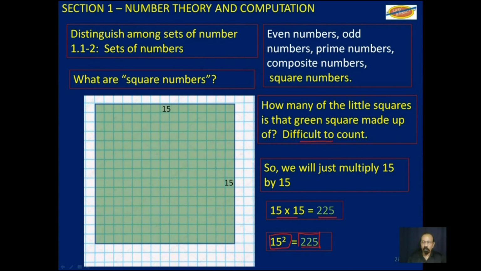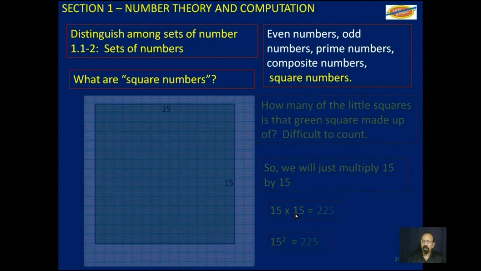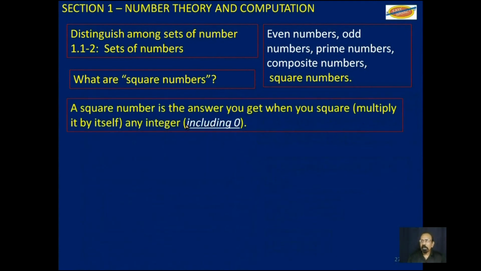The number that you square to get it is 15. A square number is the answer you get when you square, that is, multiply it by itself, any integer, and that includes 0. Note that.